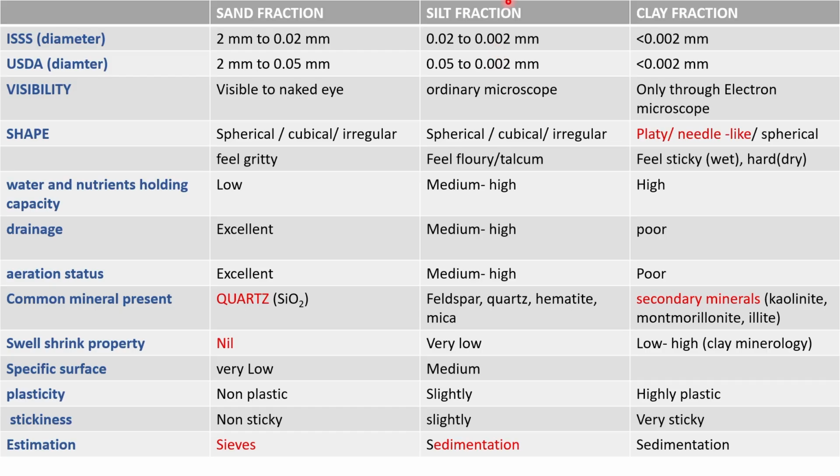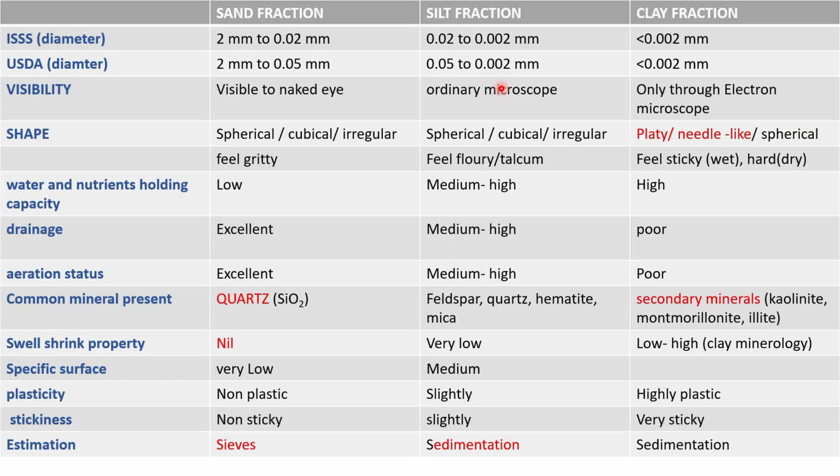About the silt fraction, it is intermediate between sand and clay particles. The lower limit of the sand fraction diameter is the upper limit of the silt fraction, and the size is 0.02 to 0.002 millimeter according to ISSS, and 0.05 to 0.02 millimeter according to the USDA classification.